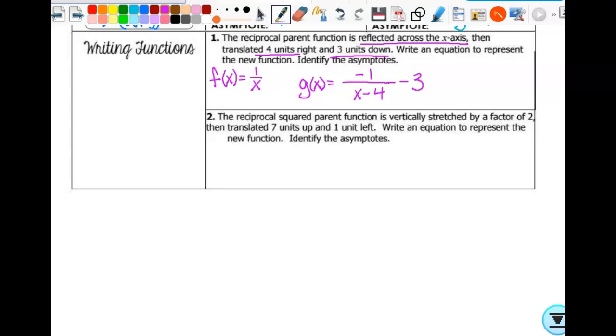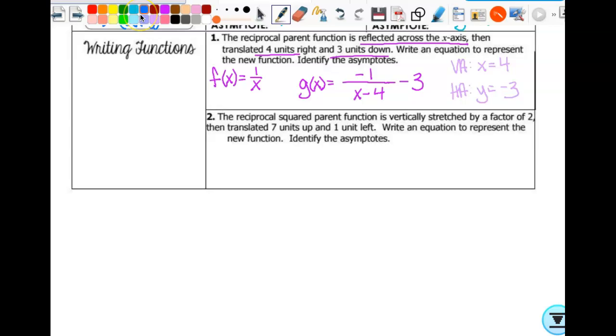Everybody understand where everything came from? So then I have to identify the asymptotes. My vertical asymptote is going to be x equals what? 4. And my horizontal asymptote is going to be y equals negative 3. Okay. Any questions on that?